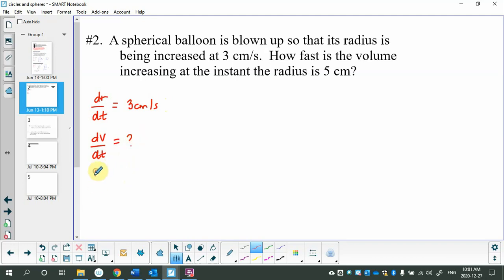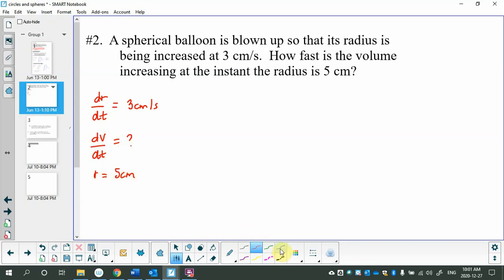At the instant the radius is 5 centimeters. So pers get dr by dt, or dV by dt, or dA by dt, or something by dt. And facts just get a letter.